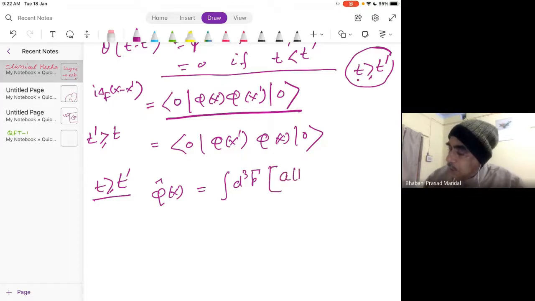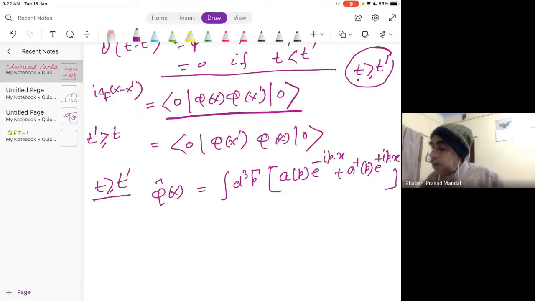Then there was a_p e^(-ip.x) plus a_p dagger e^(+ip.x). Sometimes you confuse which term is plus and which is minus. It is easy to remember: dagger is like a plus, so the dagger term will always have the positive exponent.